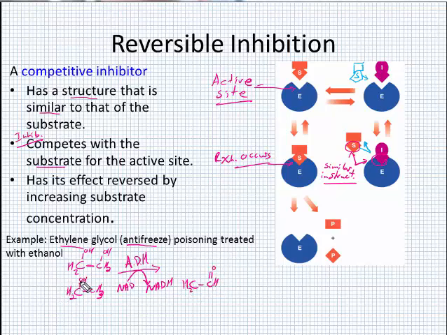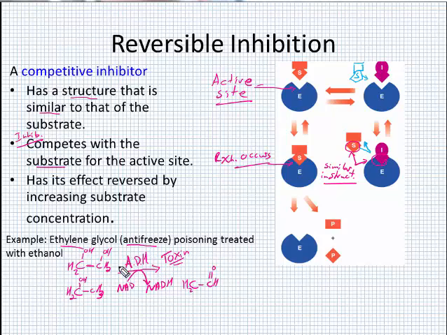It oxidizes alcohol to the aldehyde. Ethylene glycol gets oxidized by the same enzyme, alcohol dehydrogenase, to something that is much more toxic. Ethanal, or acetaldehyde, is also toxic, but it's not as toxic as the product here. I'm not exactly sure of the product here, so I'm just going to say it gets converted to this toxin.